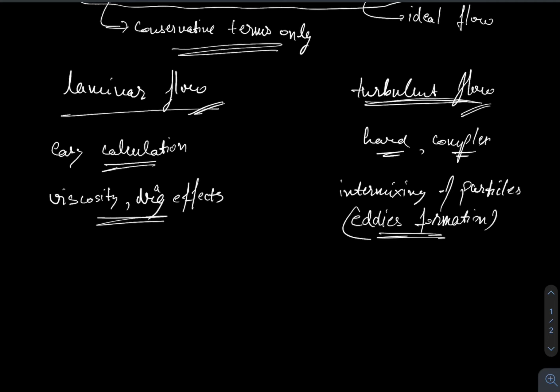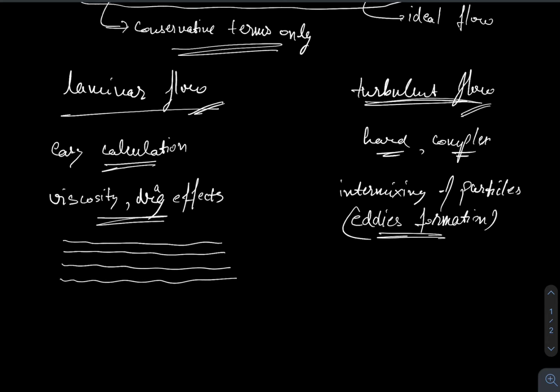You know that in laminar flow the fluid flows smoothly. However, in turbulent flow it is a very disturbed flow. So here mainly the losses are due to intermixing of particles, whereas in laminar flow the losses are mainly due to viscosity and drag effect.